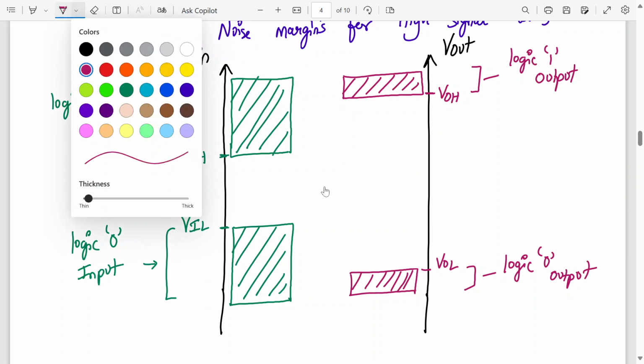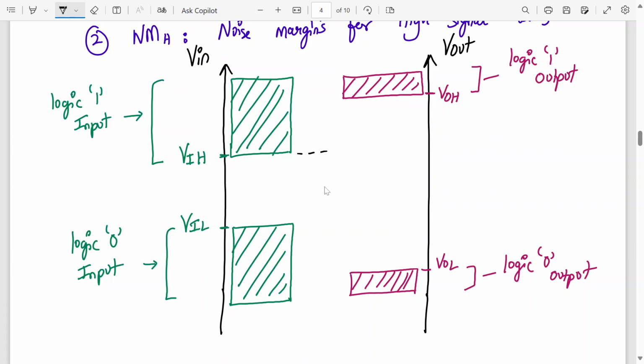You know what the noise margin levels are over here? Look, extend this over here. This is noise margin high. This is noise margin low. And what is in between? Uncertain region.